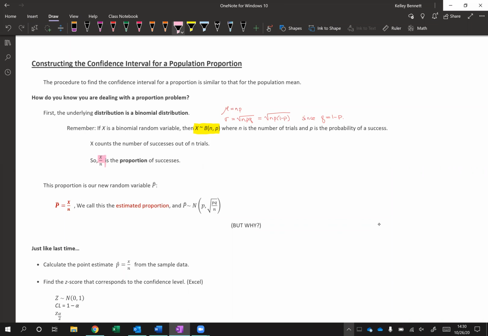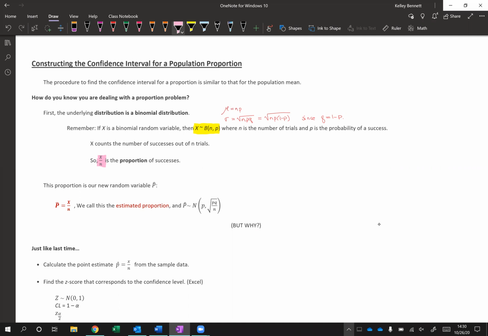So consider if we have a class of 30 people, maybe that's my population, or maybe it's my sample. Regardless, just a group of people, and I want to know what proportion of that class went to tutoring at the tutoring center last week. Let's say x was 5.